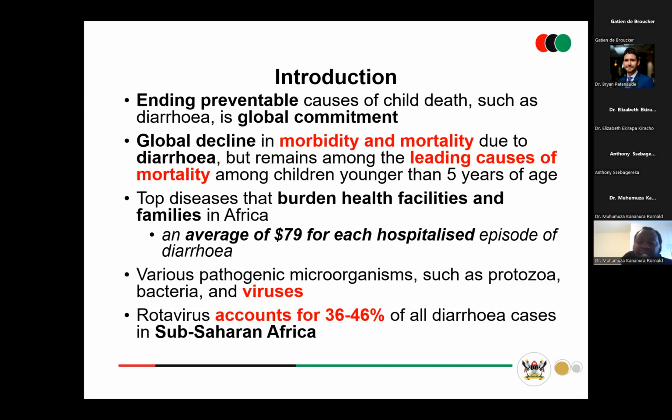We are also aware that diarrhea is among the top diseases that contribute to the burden in terms of hospitalization, and in terms of household costs. From the studies that we've done, on average, $79 is spent on each case of diarrhea episode.